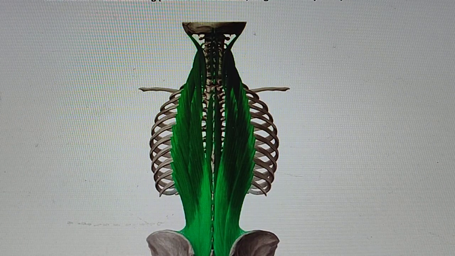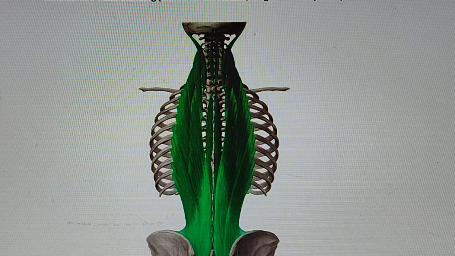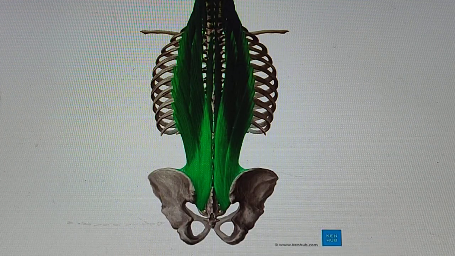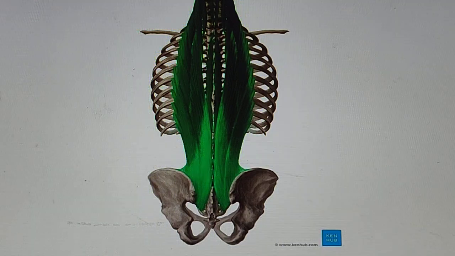Okay, so here's the drawing of the erector spinae muscle. The iliocostalis, the longissimus, and spinalis form this muscle. Okay, just take a look at it. That's how it looks, guys. It's just by the vertebrae.